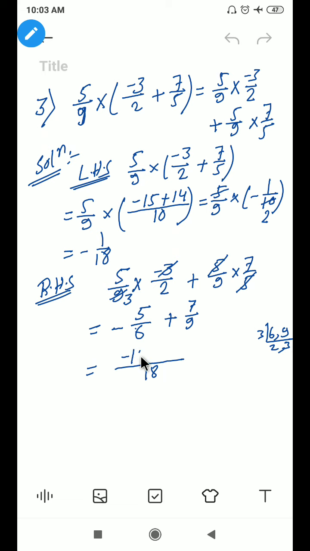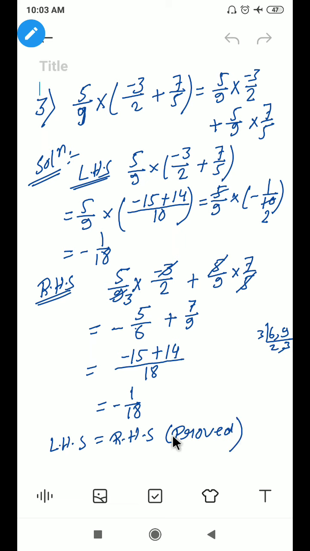So this will be 15. And which number multiplied with 9 will get 18? That is 2. So 2 into 7 it will be 14. So the answer will be minus 1 by 18. So LHS and RHS both are equal. That means you can write here LHS is equal to RHS. Clear?